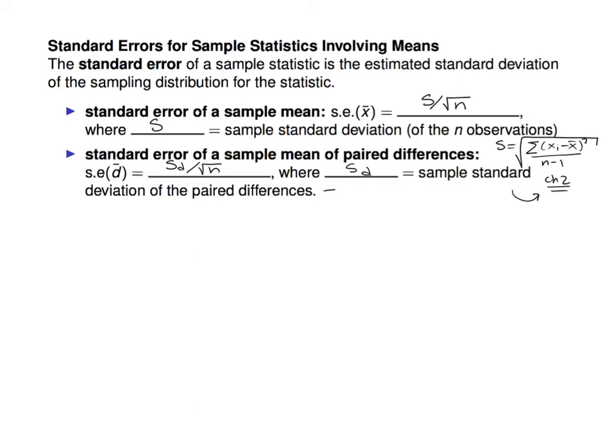You have all of your differences, d sub i, and then you find their mean, d bar, and your sample standard deviation is the square root of the sum of all the differences minus the mean difference squared over n minus 1. But the point is, first you find differences, average those differences, and then use the differences in this formula. Usually you'll be given what this SD is in the statement of the problem.